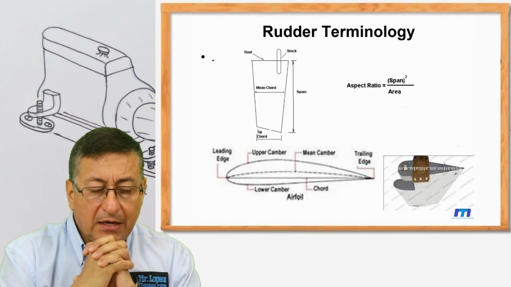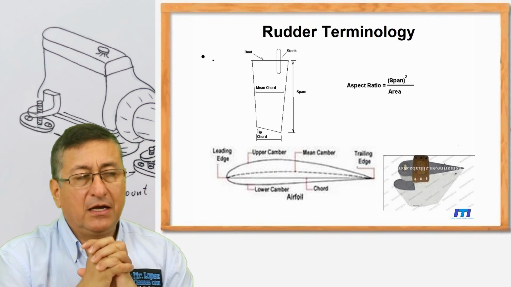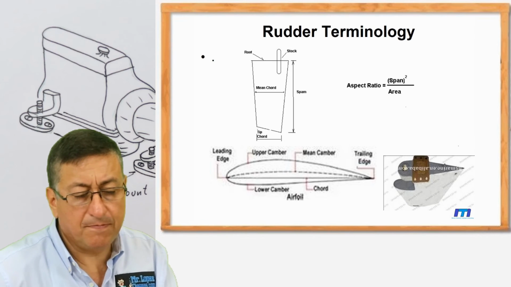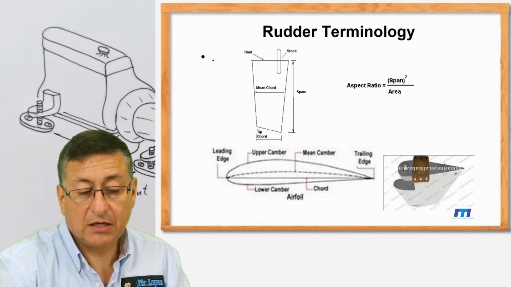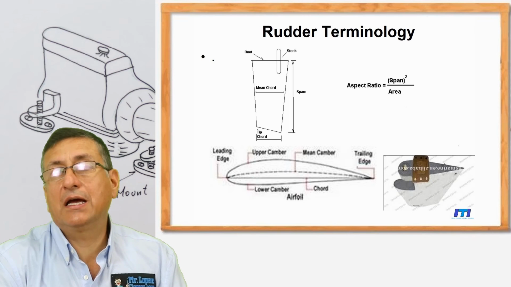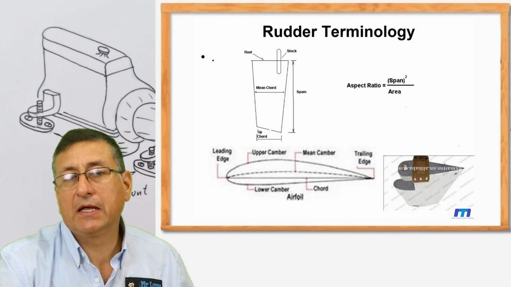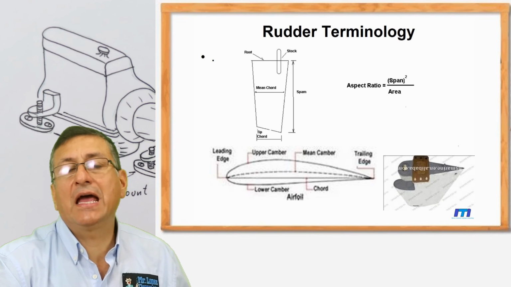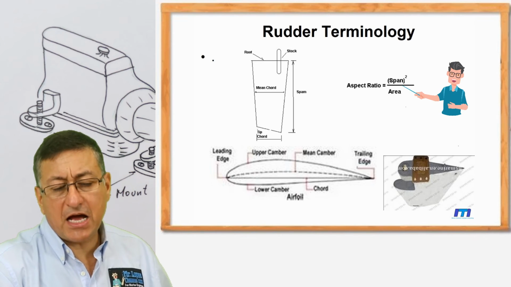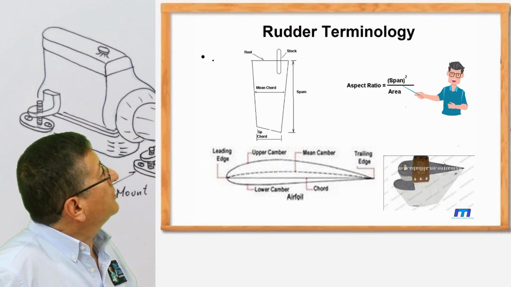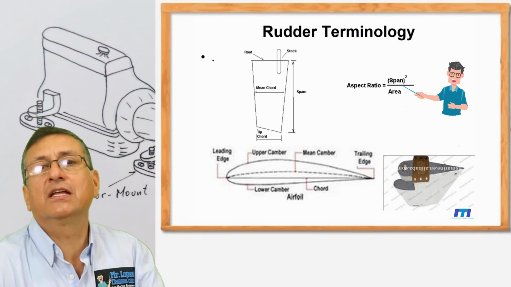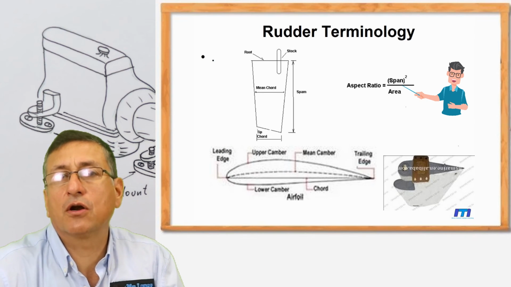And the rudder is composed of the span, the chord, and one important factor that we are going to take into consideration when we design rudders is the aspect ratio. The aspect ratio is the span squared divided by the total area of the rudder.